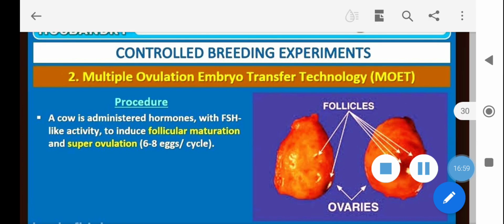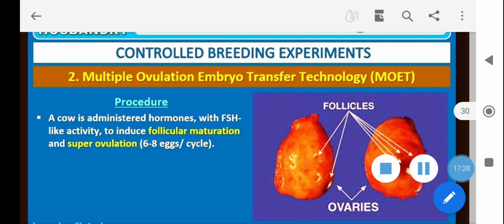The next is multiple ovulation embryo transfer. It involves a technology which provides the chances of successful production of hybrids. It is like the IVF technique done in humans, also called a test tube baby. In this method, a cow is injected with follicle stimulating hormone to induce follicular maturation.